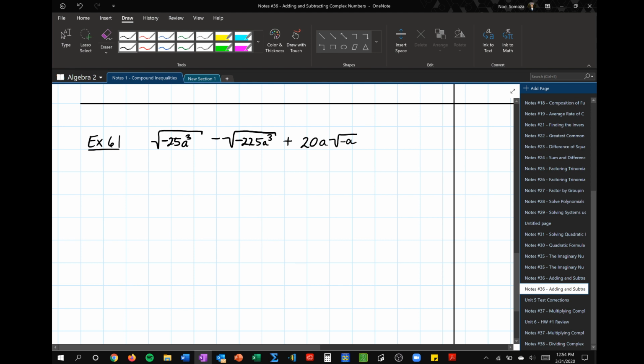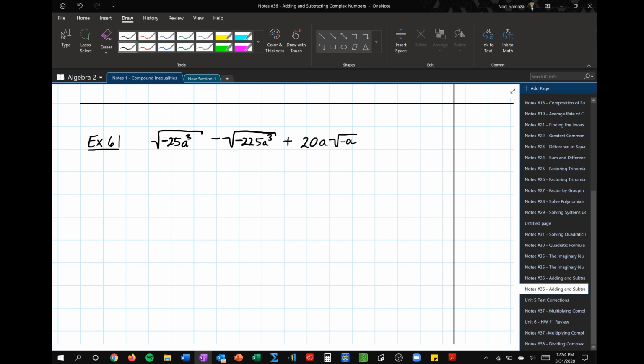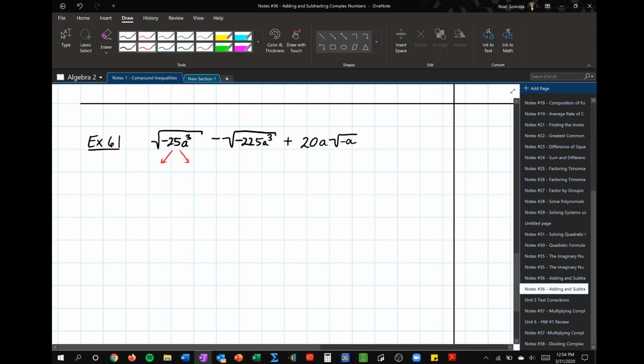Okay. So remember, the first thing we do is try to break this up into those smaller parts. So in this case, what we want to do is take that root negative 25 times the root of a to the third.